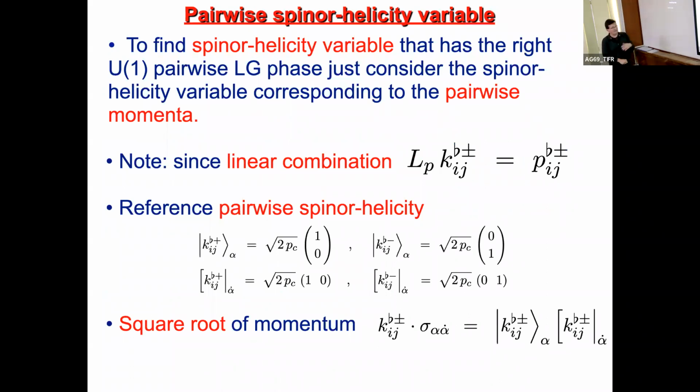And so now we have these massless momenta. So we should just do the same thing, pretend that these are momenta and get the corresponding spinor-helicity variables, just as if they were momenta of ordinary particles. Those will be, by definition, the spinor-helicity variables for the pairwise helicity.